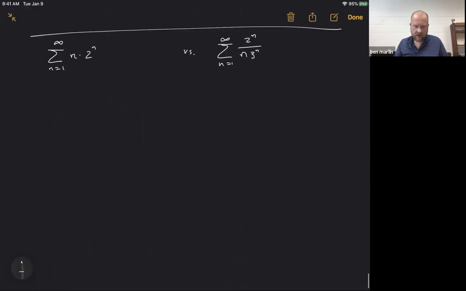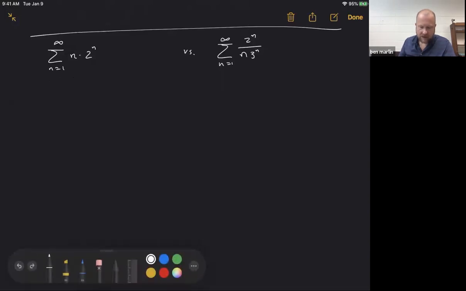All right, then last example that we've got here, I've got 2 series that look a little bit alike because they're doing something with a geometric series and then tied together with something that changes a little bit. So if you take a look at this first one here, you could figure out that that one diverges just by taking the nth term test.